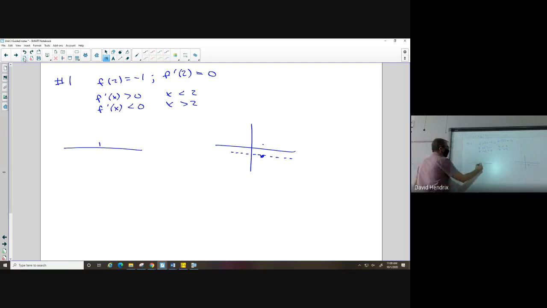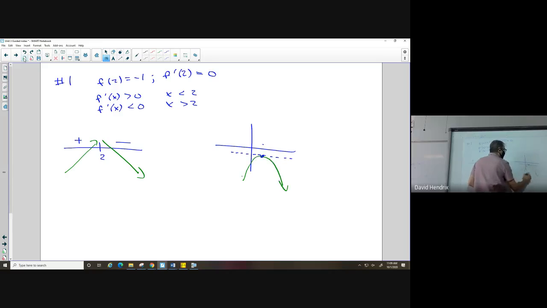Very simply, we put a 2 here, and we know for x less than 2, this first derivative is positive. For x greater than 2, it's negative. So we know our graph should look something like this, increasing, decreasing. And so when I draw the graph over here, I can just draw any graph that has a horizontal tangent line right there, and it's increasing and then decreasing.